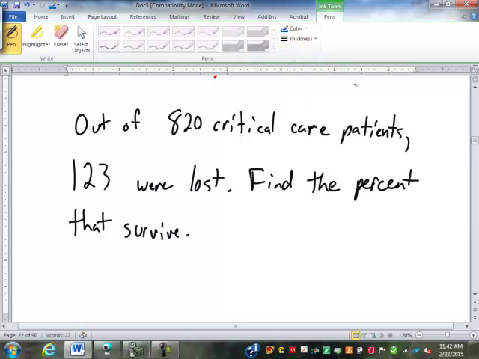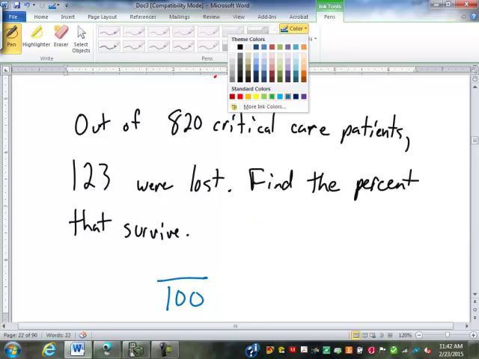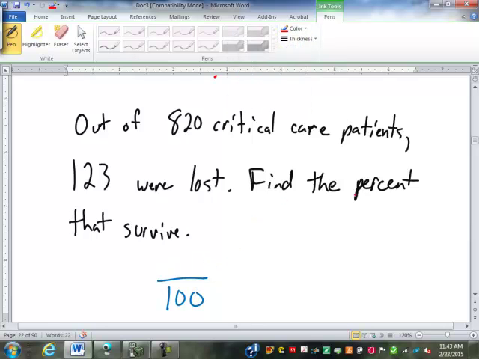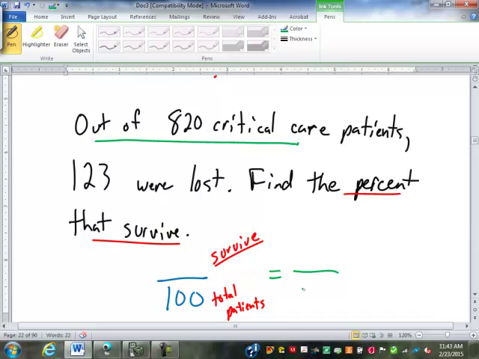Okay, so here we are looking for the percent. So it's blank over 100. On top here, the percent we're looking for says find the percent that survives. Whatever that number is when we find it, that's going to be the survivors. The 100% most likely then is total patients. And as we look at the rest of the problem, we find there is a total of 820 critical care patients.